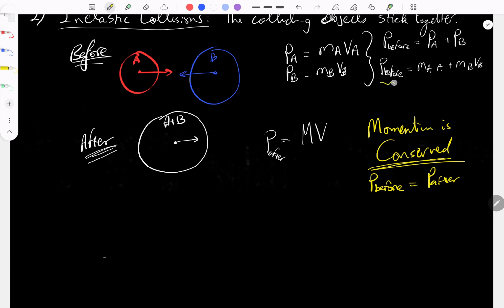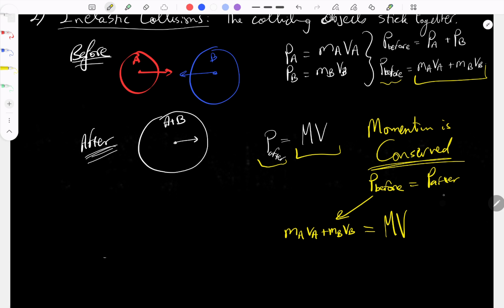So we know that the momentum before is this, and we know that the momentum after is this. So we're going to expand each of these. The momentum before is MA VA plus MB VB, equals the momentum after, MV.